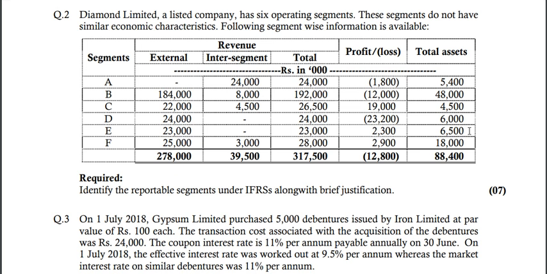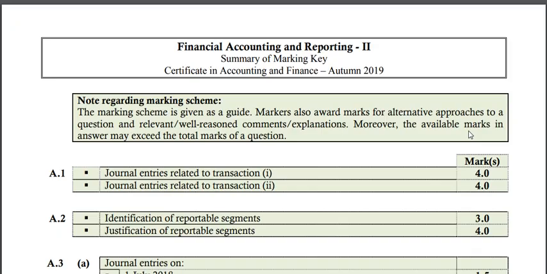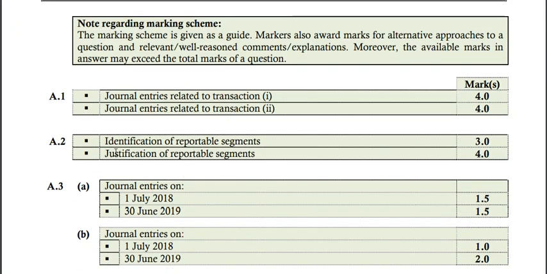But while marking, it is marked in 2 different portions, as we can see in its marking plan: identification and justification. If a candidate only knows the answer of identification but leaves the question, thinking it is a waste of time because she does not have a complete answer, this is foolish and non-acceptable behavior.